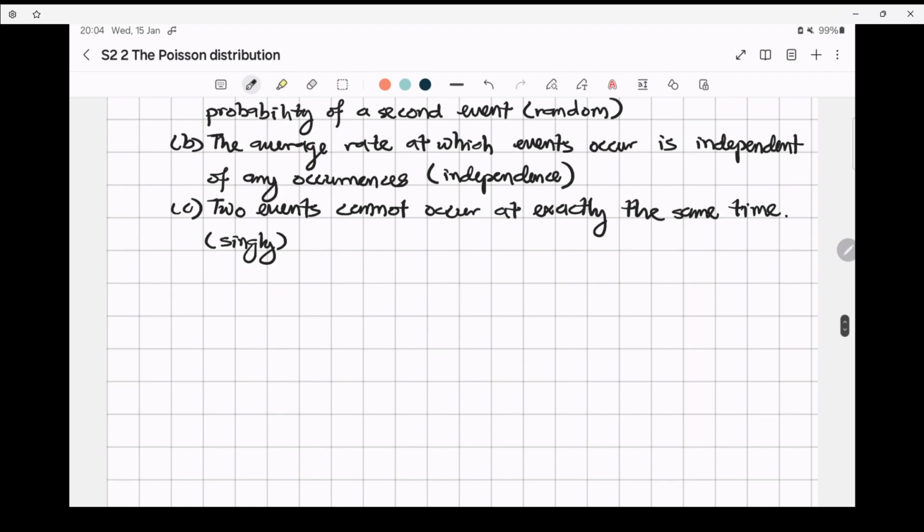So let's look at one example of a Poisson distribution. Let's say you have a fire station. It receives some emergency calls.